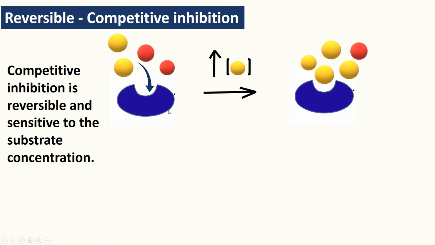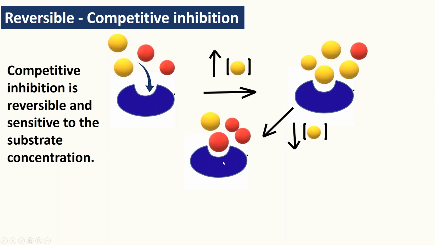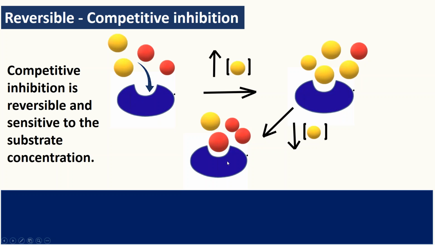For example, take drug A and drug B. Let's say drug A is yellow, and now we increase the concentration of drug A. Eventually, drug A displaces the red one, drug B, and binds to the active site. So that is reversible because of substrate concentration. If you decrease the concentration of drug A, the yellow one, then drug B will bind to the active site. That kind of reversible competitive inhibition is very common in clinical drug interactions.